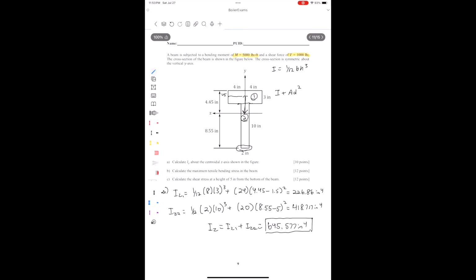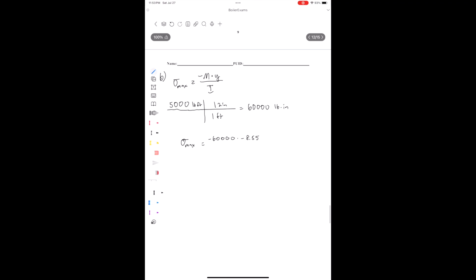And remember, since this centroidal z-axis is like saying y equals 0, this is like saying y equals negative 8.55.